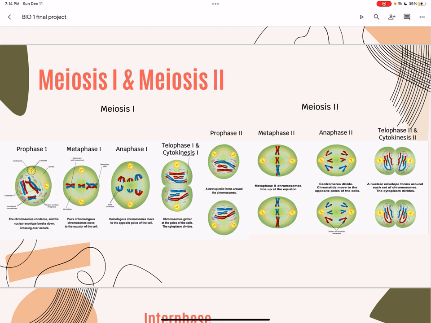They are going to be ripped apart, divided in anaphase, and then telophase 2 and cytokinesis. The nuclear envelope is being created again, and the cell is now dividing. So then you're going to end up with 4 cells.